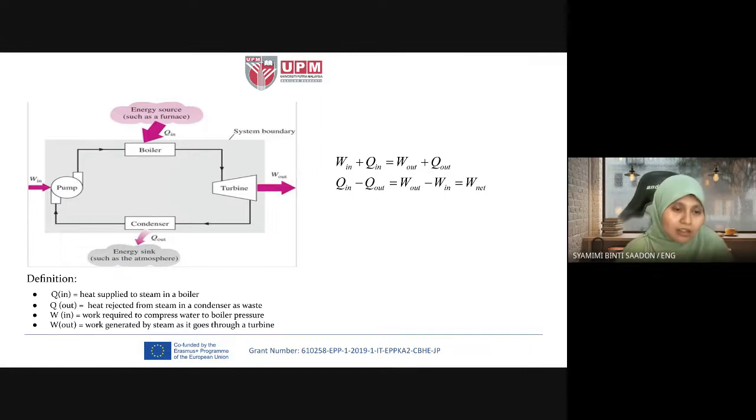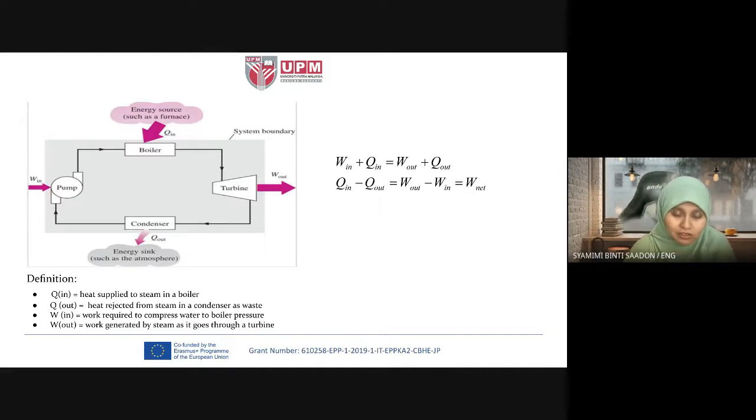Then the working fluid will be boiled or evaporated to steam or vapor in a boiler or evaporator, and then turbine expansion. This is a closed cycle, so to complete the cycle, we finish with the condensation process. The heat will be rejected from steam in a condenser as waste.